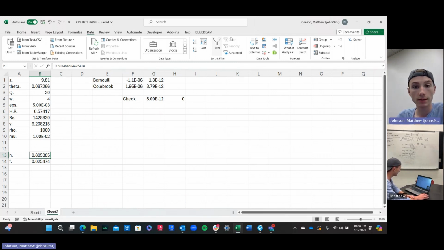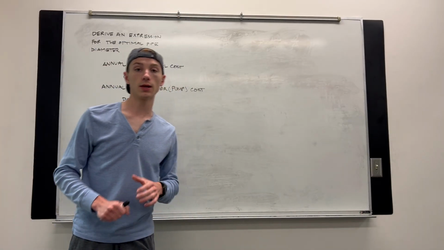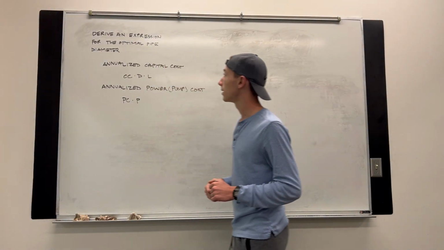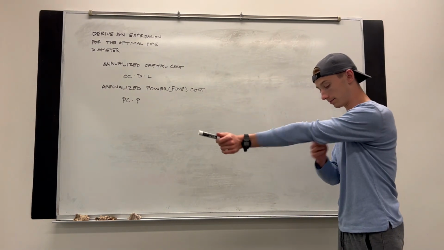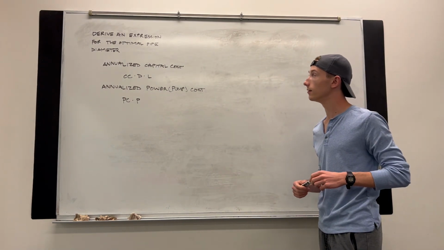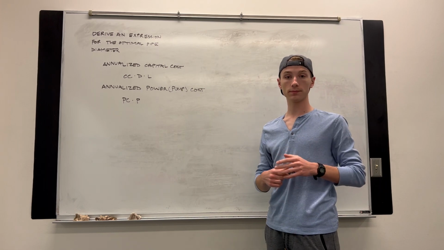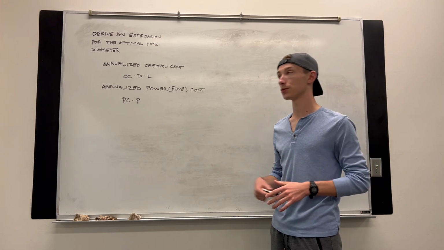All right, so that's the end of this problem, but we are going to keep chugging along. I'm going to have you meet me back on the whiteboard for the last part of this problem. Okay, last part of what we're going to do today. We're going to talk about optimizing pipe diameter to optimize cost, right?